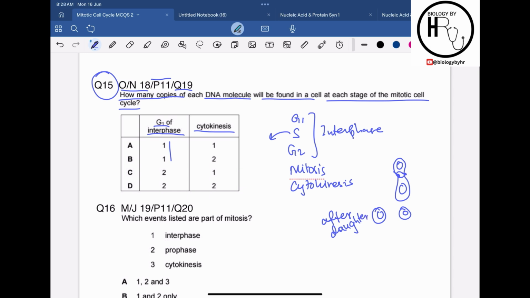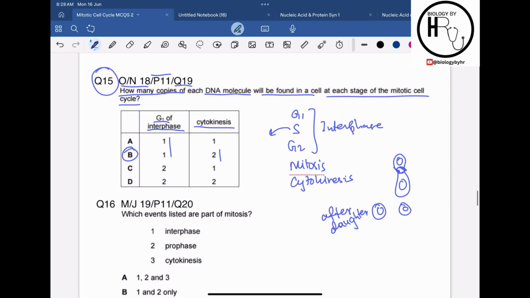During the cytokinesis, how many copies of the DNA molecules will be found in the cell which is undergoing cytokinesis? It will be 2, right? And then the contractile ring and cleavage furrow will be formed, the opposite membranes will fuse together, and the two daughter cells will be formed, right? So in cytokinesis the cell is going to have 2 DNA molecules, hence the correct answer over here would be option B. I hope that this MCQ is clear to all of you.